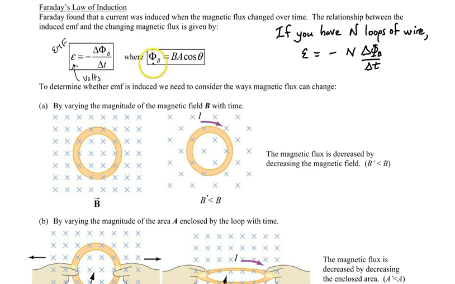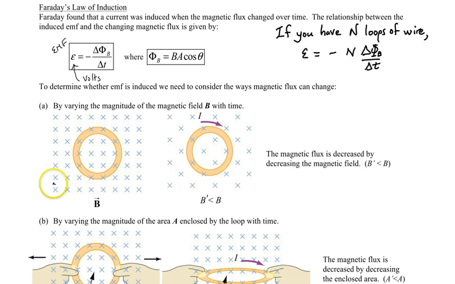And the change in flux will depend on the magnetic field B, the area that is bound by that loop, and the angle between the magnetic field and the normal to the plane. So if we vary any of these three quantities over time, magnetic flux will change, and hence an EMF will be induced, and hence a current will be induced in the loop.